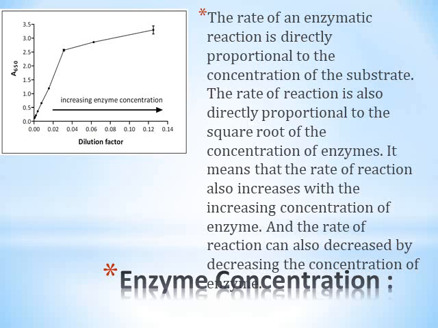It means that the rate of reaction also increases with increasing concentration of enzyme, and the rate of reaction can also decrease by decreasing the concentration of enzyme. So the rate of reaction depends on the concentration of enzyme.